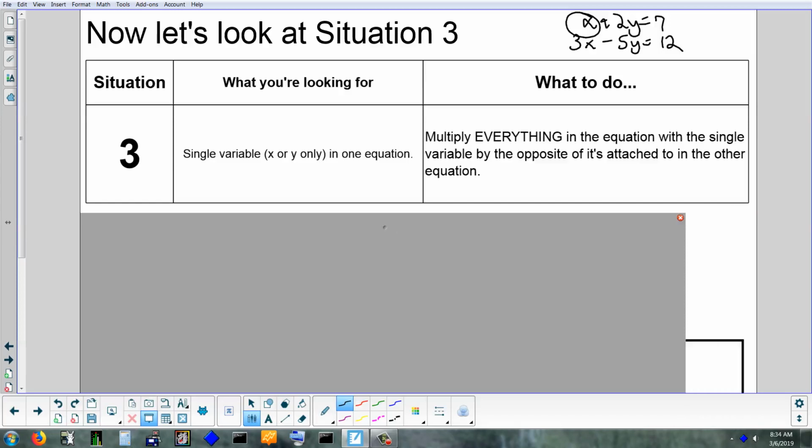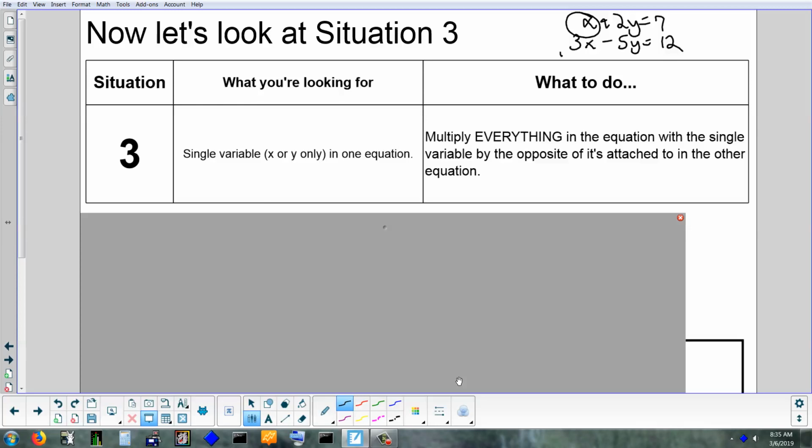This time I don't have a single variable in both, I only have it in one. And you may have a single x in the top equation and a single y in the bottom. That's okay. Then you can decide which one you want to use. You're not wrong using either one. It'll make more sense when we go through this example.